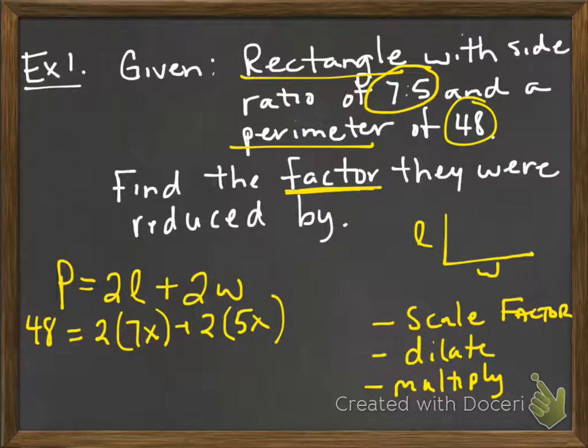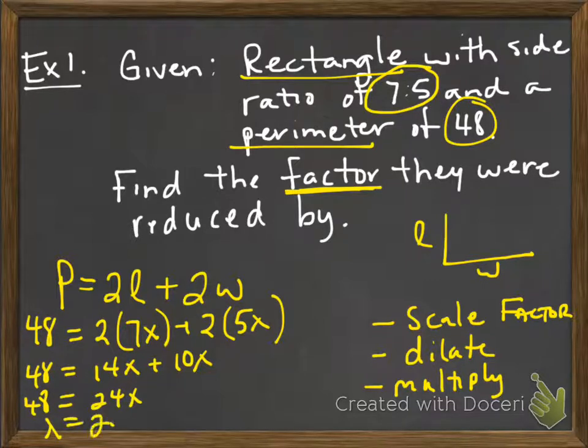Put that 48 there. So we end up with 48 equals 14x plus 10x, so 48 equals 24x. Then x is equal to 2, because 48 divided by 24 is 2. So the answer to our question is 2.